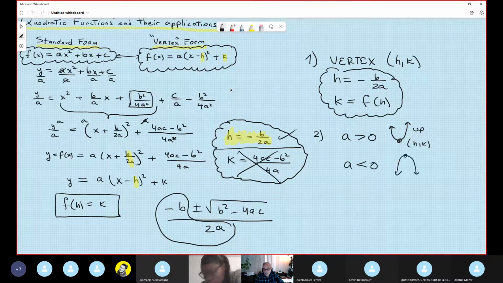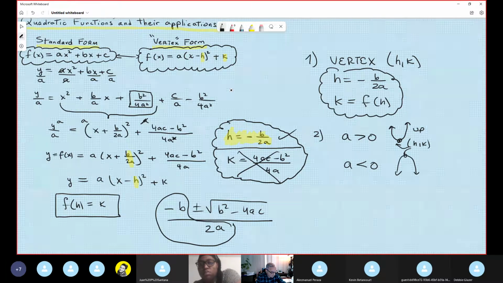And again, the vertex is this or this. The direction of opening is given by the sign of a, positive or negative. I promise you will see several examples. We are doing the graph. We see it in decimals, everything clear.